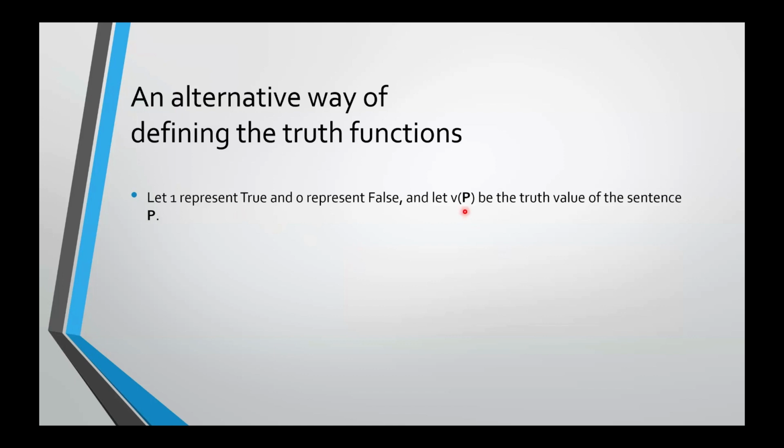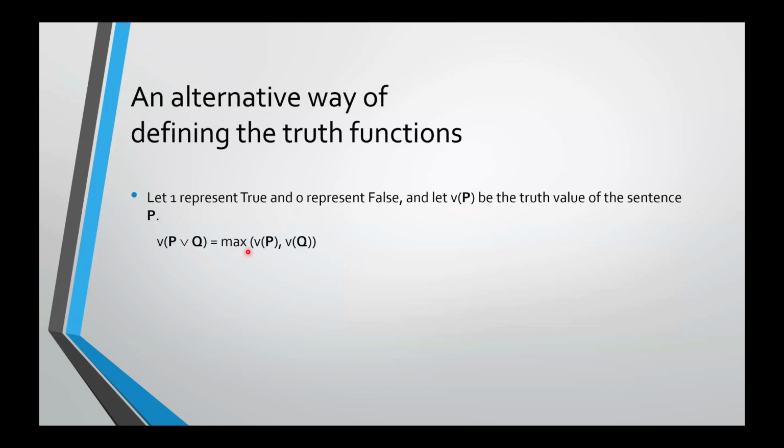And then we'll have this here, V of P. This represents the truth value of P, right? So that is the value that sentence P takes. Once we're using these numbers, one and zero, to represent the truth values true and false, we can define the truth functions for the connectives as follows.